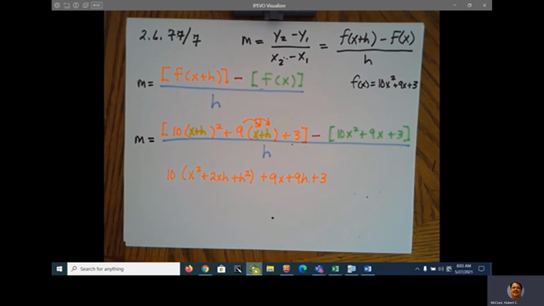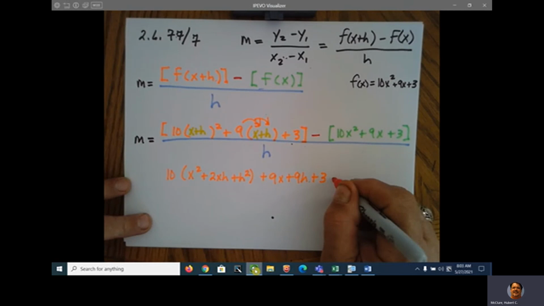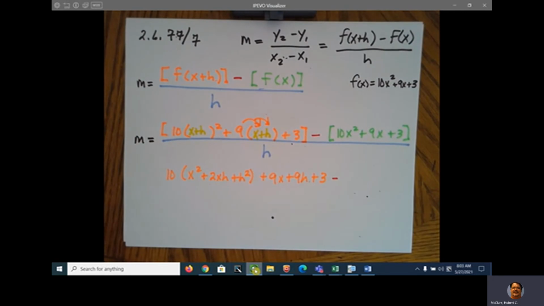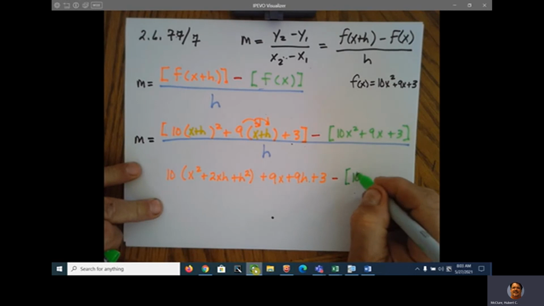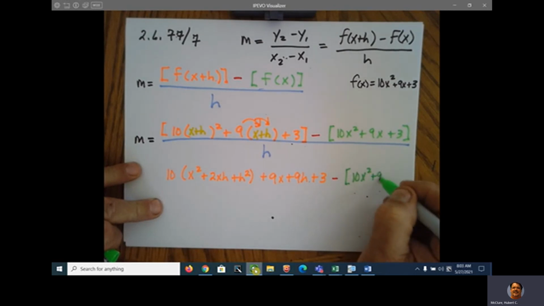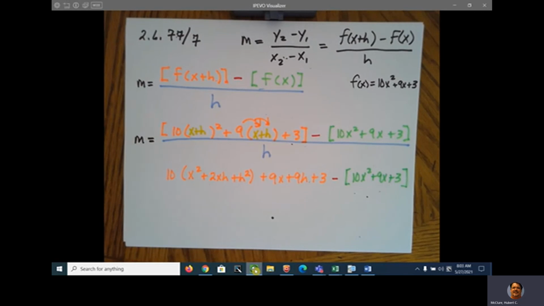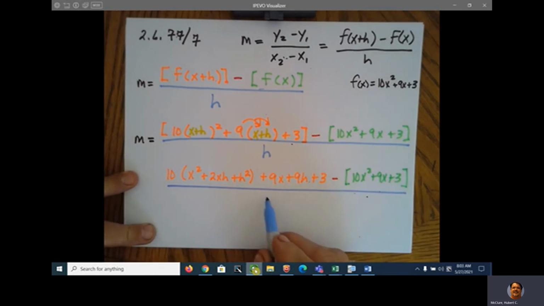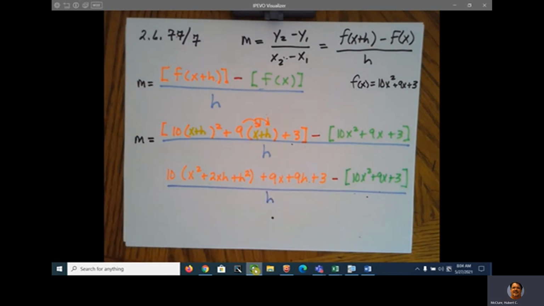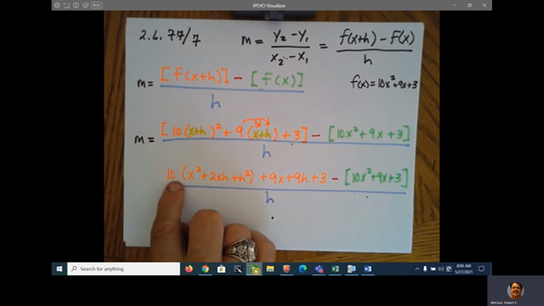And I'm not going to do the green yet. I'm going to wait and do that after I get the orange all done. So I'm just going to rewrite the green in brackets. And all that's over h. Now I got to distribute this 10.